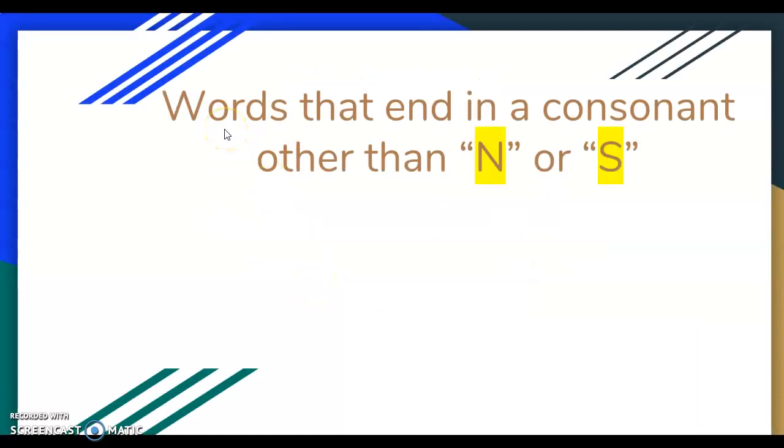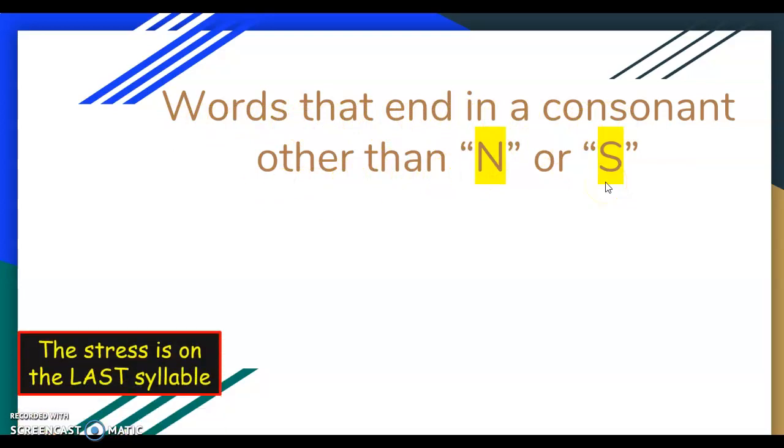So there are a lot of rules about accent marks, and I don't want to go into it because of the scope of this class, but just know that there are some words that end in a consonant other than N or S, where the stress is on the last syllable.